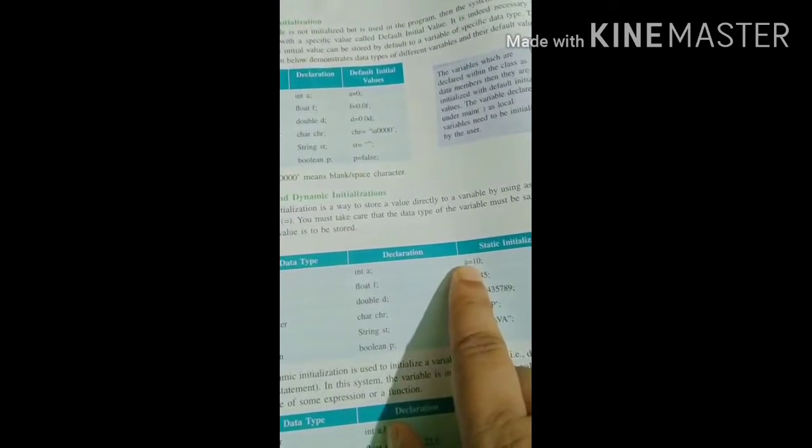Static and dynamic initialization. Static initialization is a way to store a value directly to a variable by using assignment operators. It means suppose int a is a variable; using the assignment operator we enter the value 10 directly.